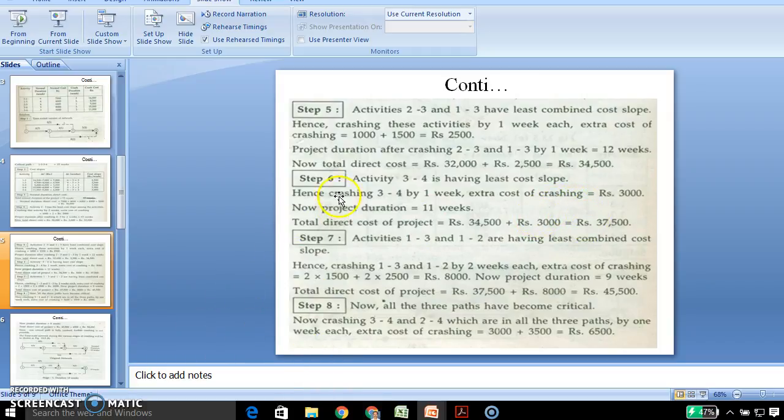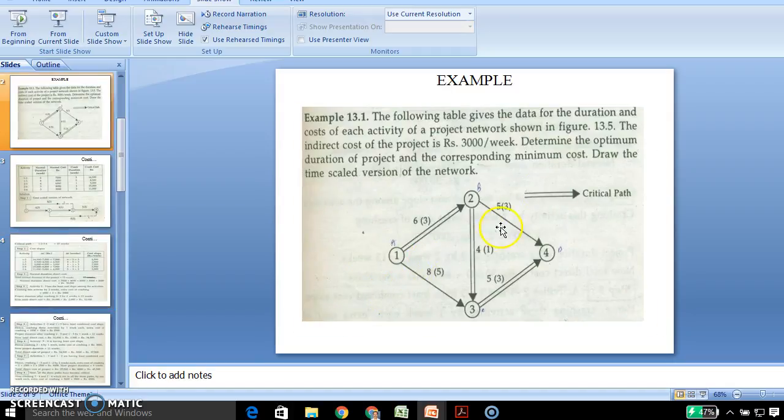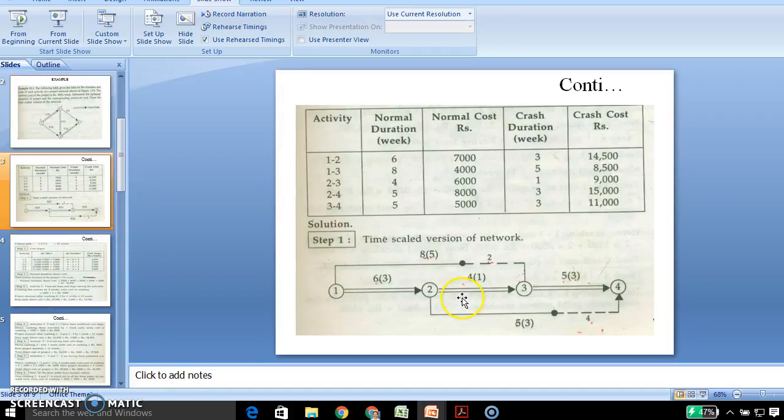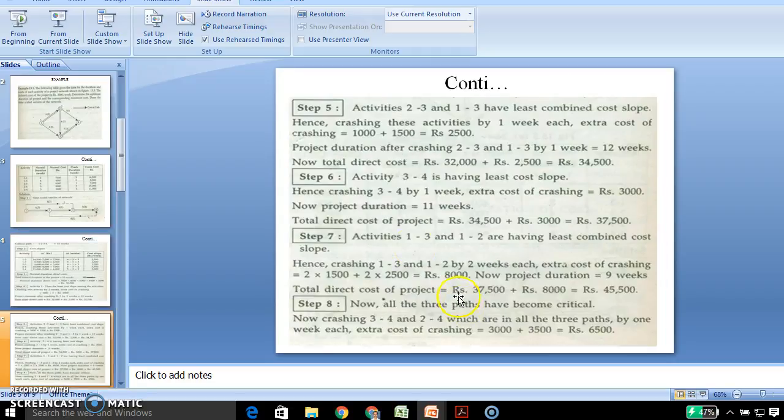Now coming to the next activities, we should crash 1-3 and 1-2. 1-2 is the critical activity and 1-3 is the non-critical activity.